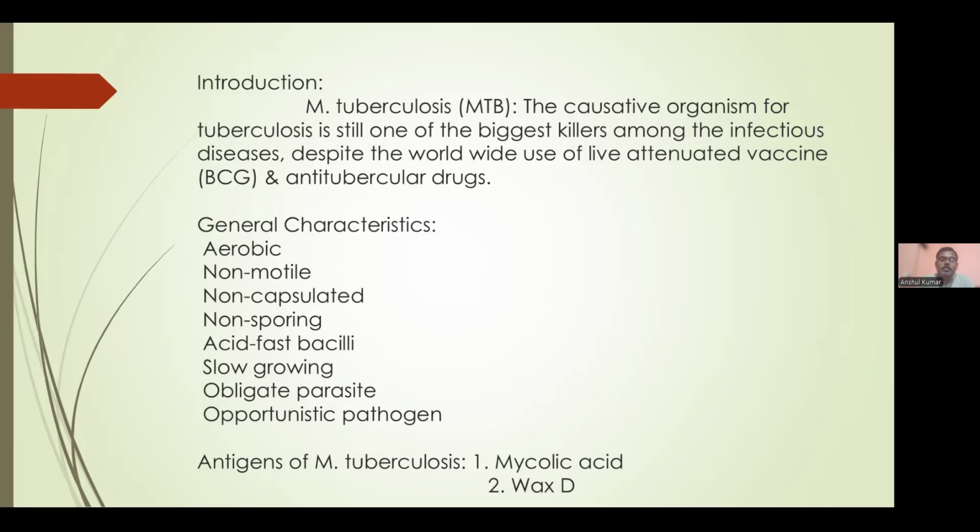They are obligate parasites, that is, they depend strictly on nutrition taken from the host for survival, and they are opportunistic pathogens. Some of the important antigens present on Mycobacterium tuberculosis are mycolic acid and Vaxd.